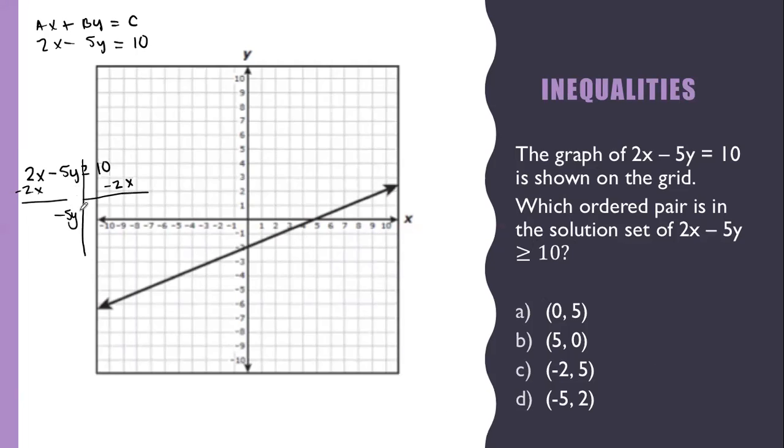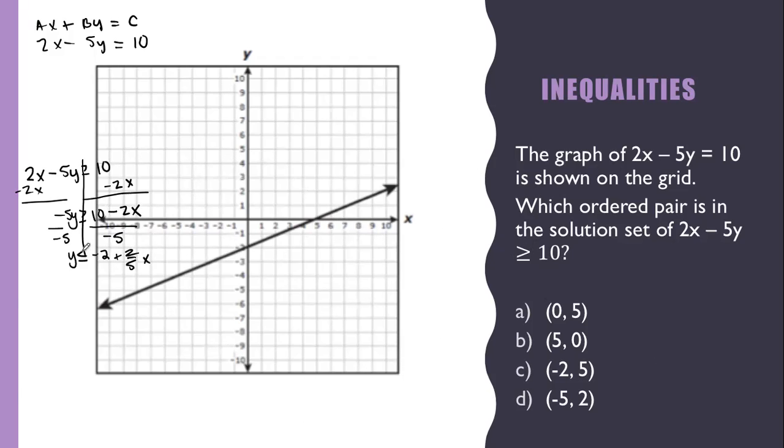So I have negative 5y is greater than or equal to 10 minus 2x. Next, divide everything by -5. When I divide by a negative, the inequality sign flips. So y is less than or equal to 10 divided by -5, which is -2, and -2x over -5 is positive 2/5 x.